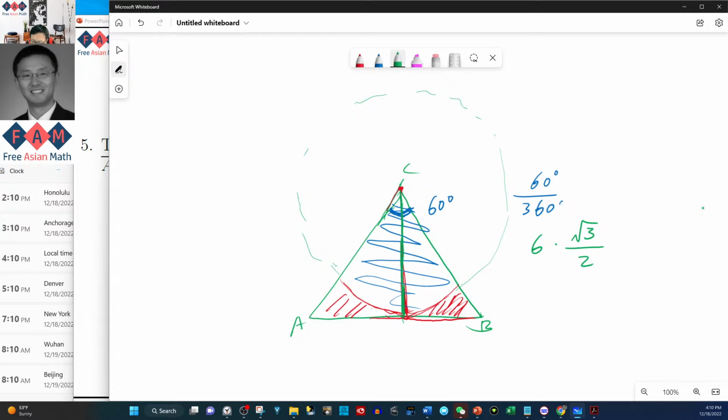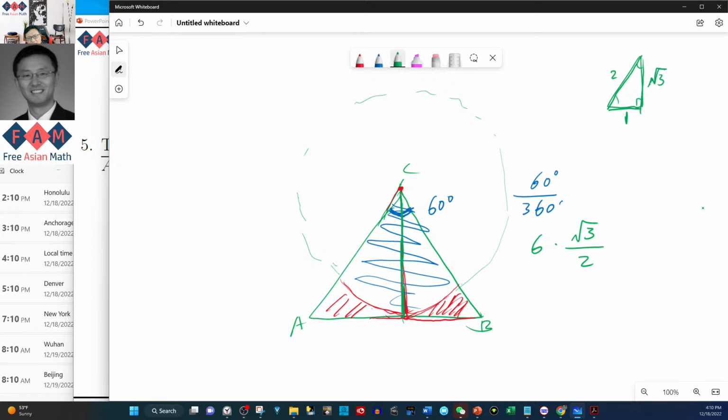Always remember in a 30, 60, 90 triangle, the three sides: this is 1, this is 2, and this is square root of 3. The hypotenuse is 2, the shorter side is 1, and the longer side is square root of 3.